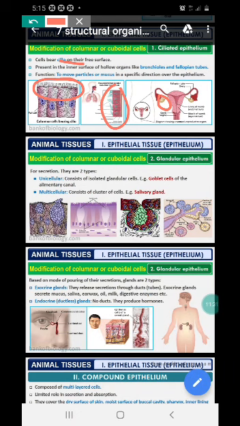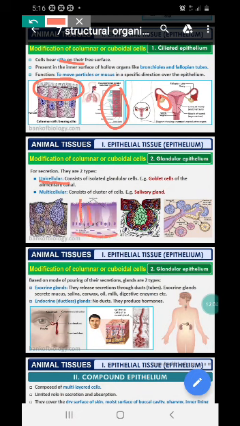Again, cuboidal or columnar epithelium may get modified into glandular epithelium in places where there are salivary glands, pancreas, wherever glands are located. It is the epithelium which gets transformed into the glands. The glands may be unicellular. See, this is the columnar epithelium, and this is a single cell.